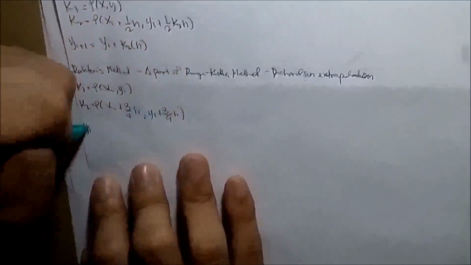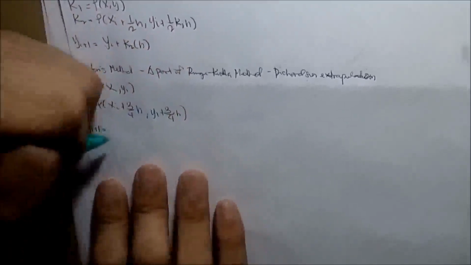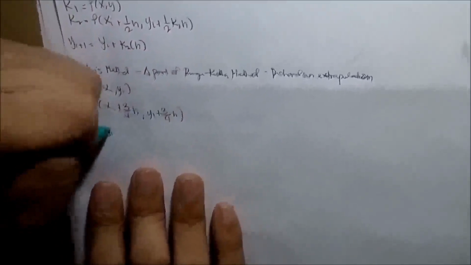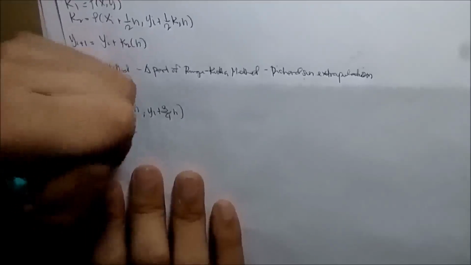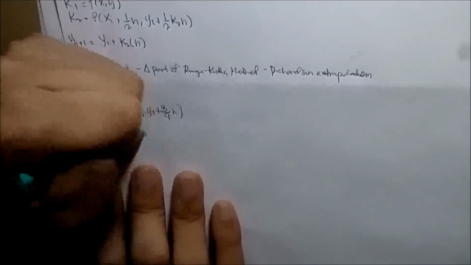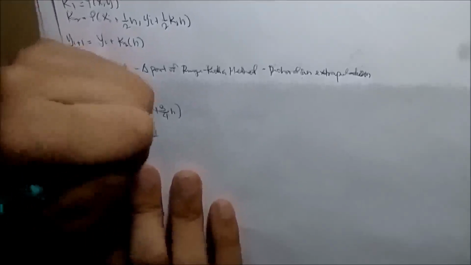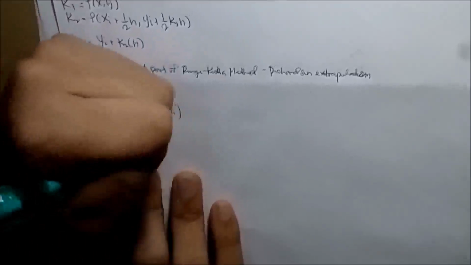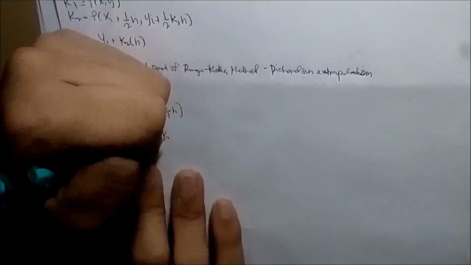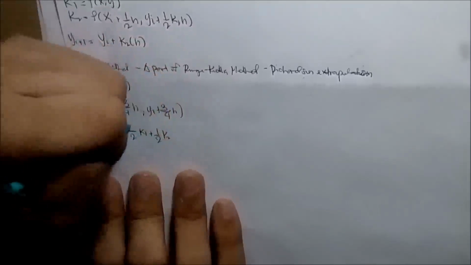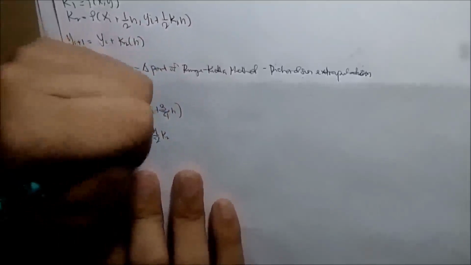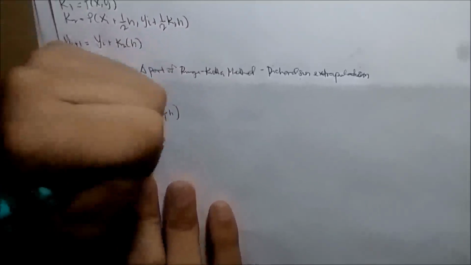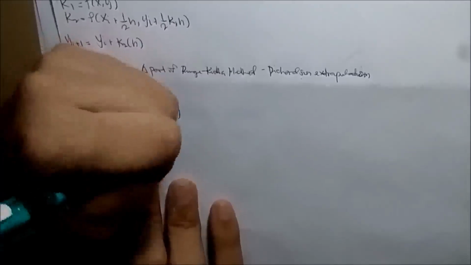In determining the yi plus 1 equals yi plus 1/2 k1 plus 1/2 k2, and 1/3 k1, then 2/3 k2, times h.